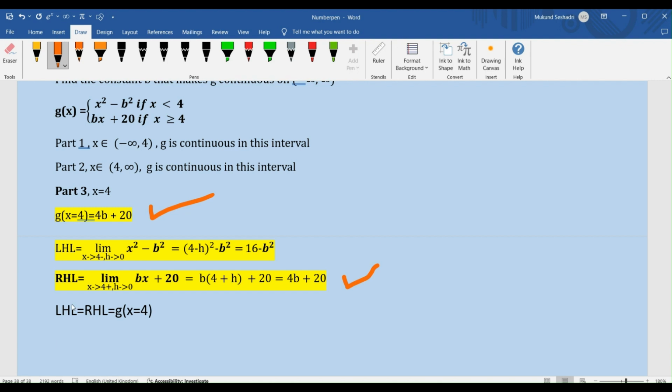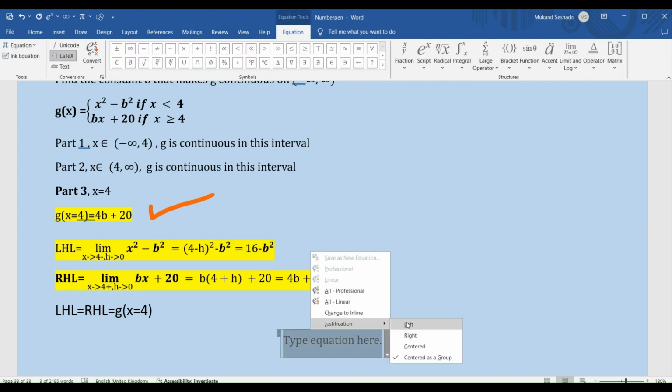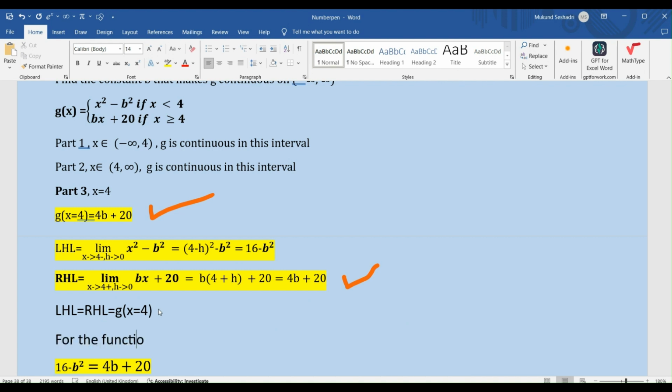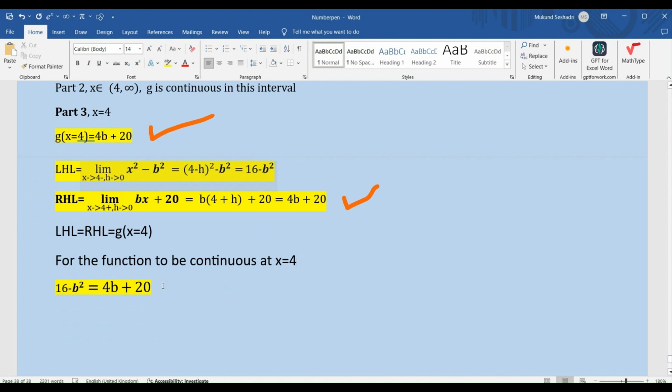And what does this mean? I know my RHL and g at x equals 4 hold good already, but for my LHL also to hold good, I need to have 16 minus b squared equals 4b plus 20, right? So for the function to be continuous at x equals 4, I need to have this condition met.